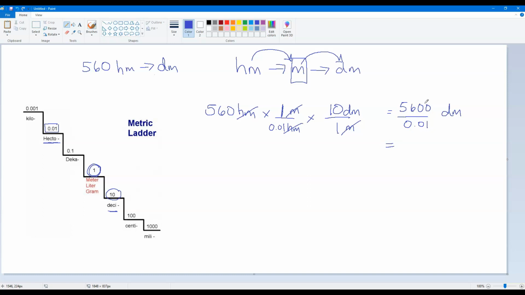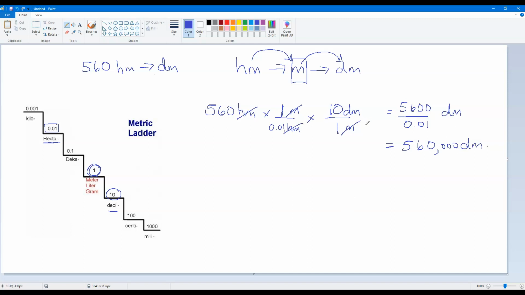And then we will divide this. 5,600 divided by 0.01 is equal to, I don't think I did that right. 5,600 divided by 0.01 is equal to 560,000 decimeters. So 560 hectometers converted to decimeters is 560,000 decimeters.